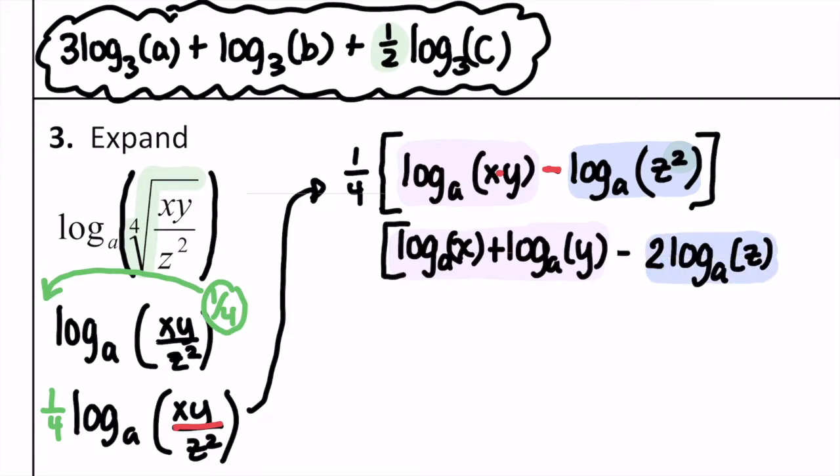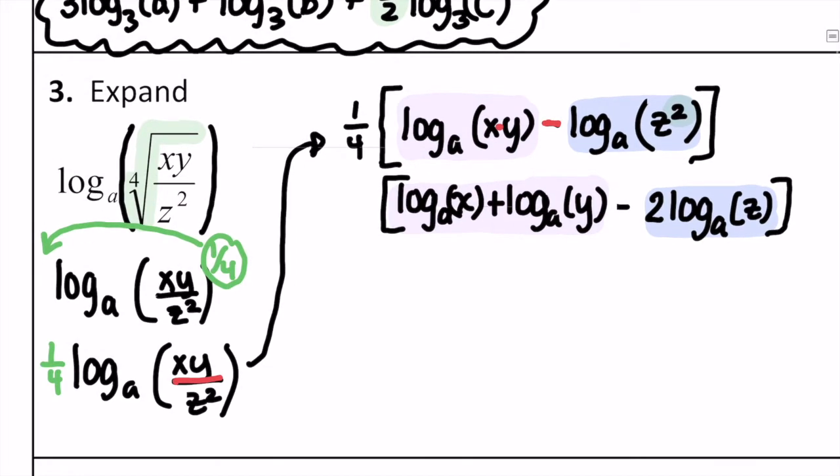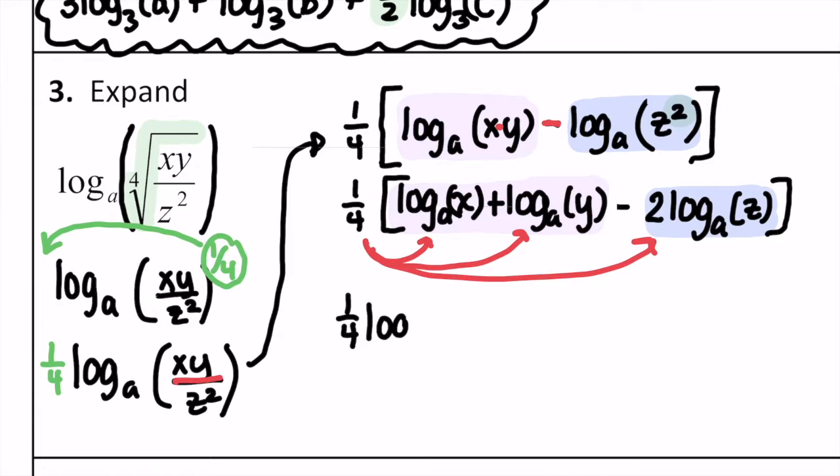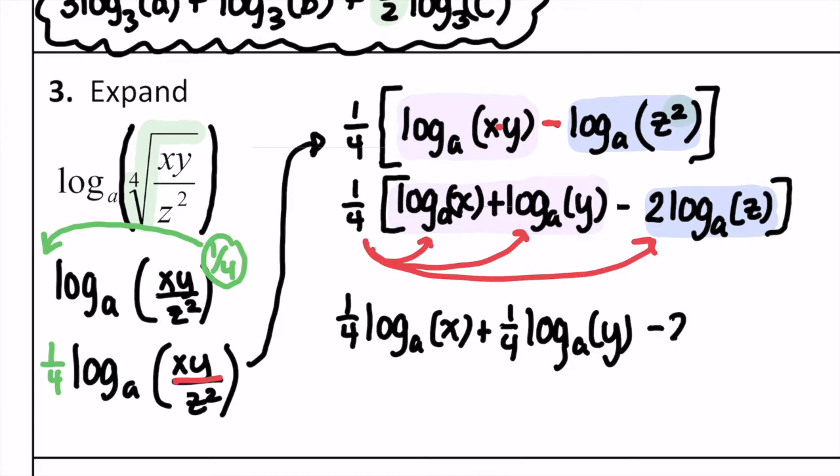And now everything inside of the brackets is as expanded as it can be, so I'm going to finish by distributing that 1/4. I'm going to distribute the 1/4 to everything. I'm going to have 1/4 log base A of x plus 1/4 log base A of y minus 2/4, so 1/2 log base A of z.